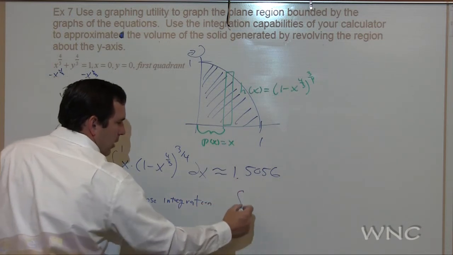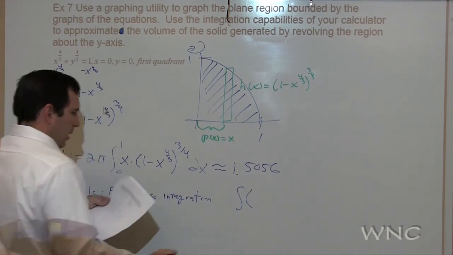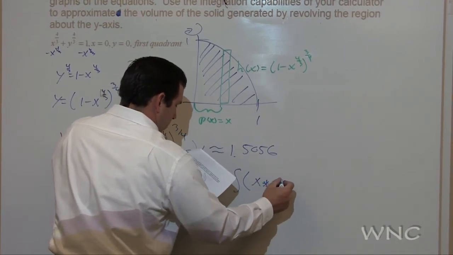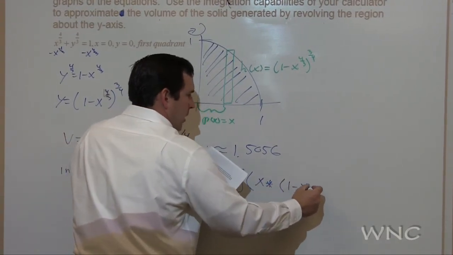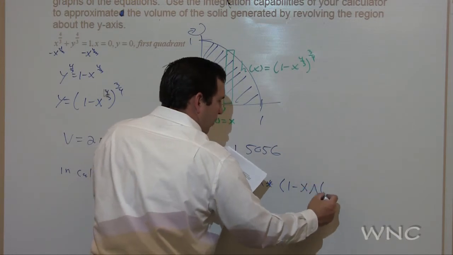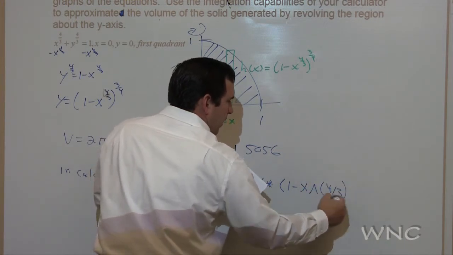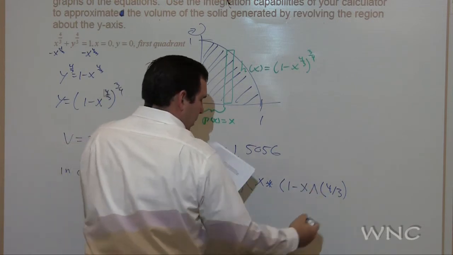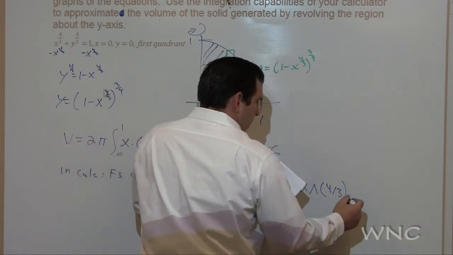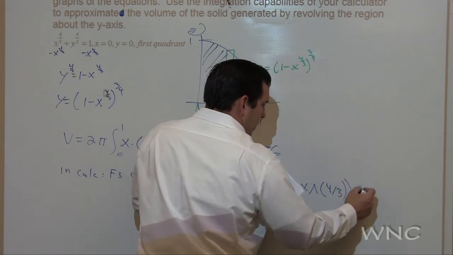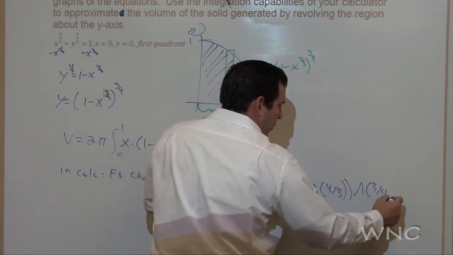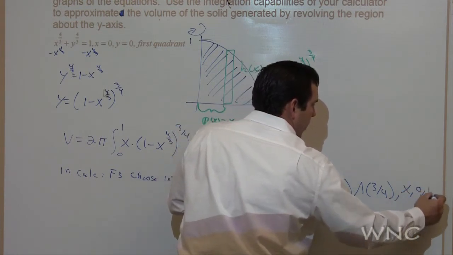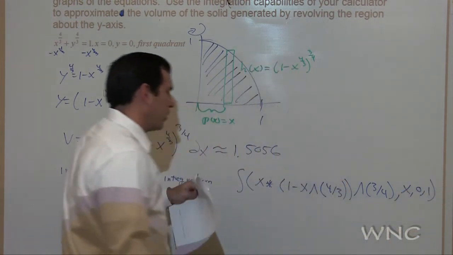And it gives you the integral with a parenthesis, and I did x times parenthesis 1 minus x with a caret on this part of parenthesis 4/3. If you don't do the parentheses, it raises it to the 4th power and divides the x by 3. And then you need to close that parenthesis and then raise it to the 3/4 in parentheses, comma x, comma 0, comma 1. Okay. So you can put that in your calculator.